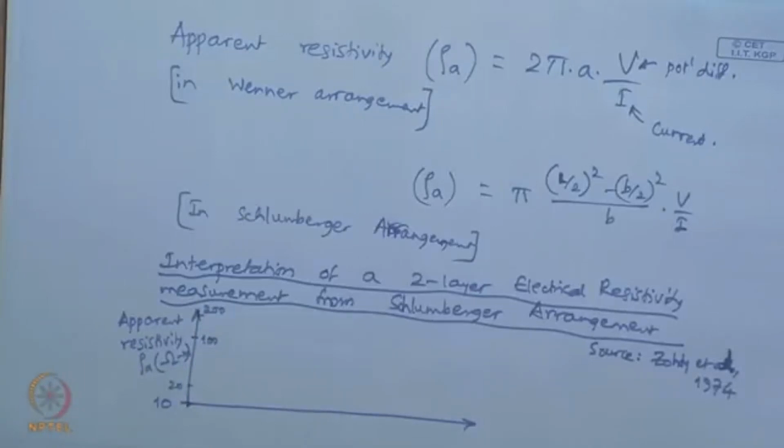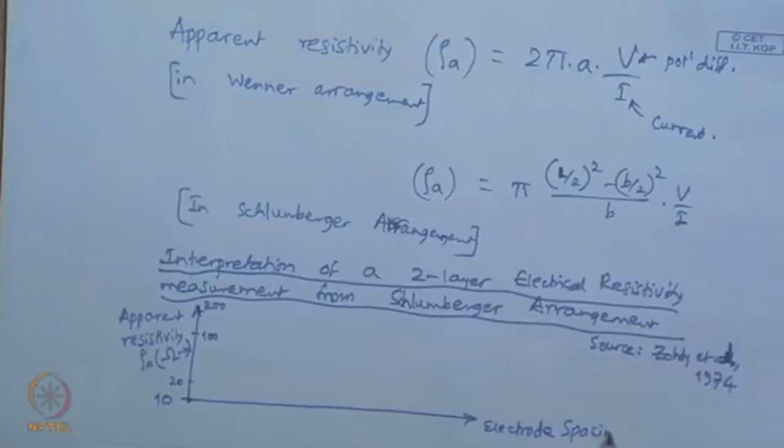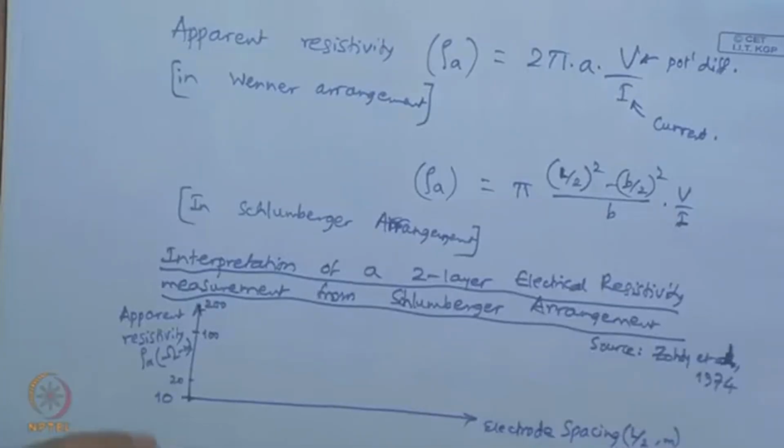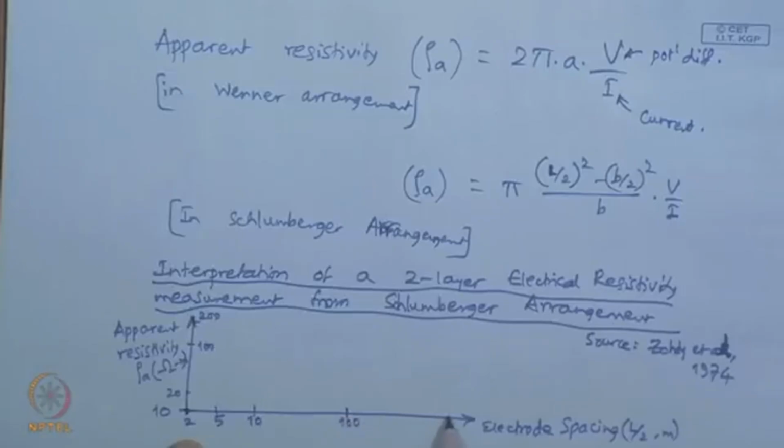On the horizontal scale, which is also logarithmic, is the electrode spacing L by 2 in meters, and as per these results it varies from 2, 5, 10, 20, 10 to 100 and 100 to 1000, with 20, 50, 200 and 500 in between.